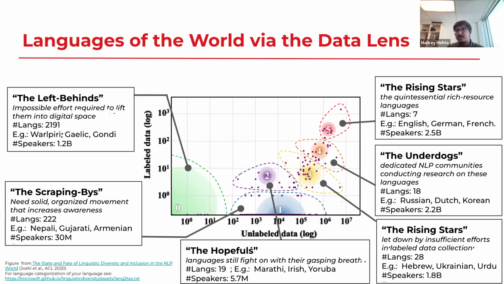And there are possible solutions that might be relevant for these languages. But I would say the hope is grim, because it requires a lot of expertise which goes beyond NLP. We might need archaeologists, or linguists who work on new language acquisition and things like that.